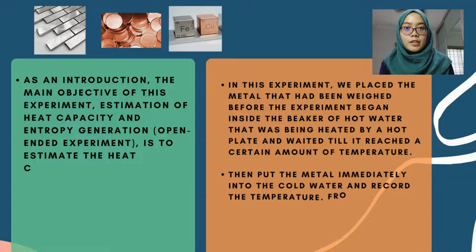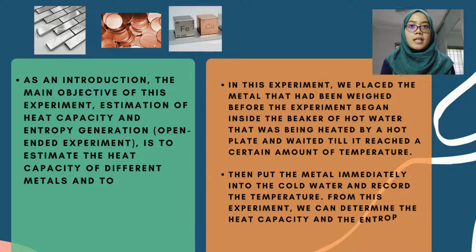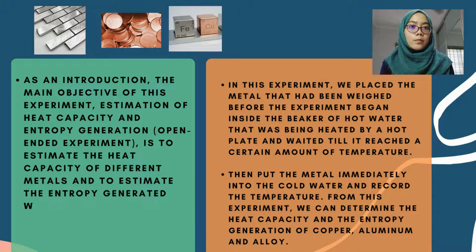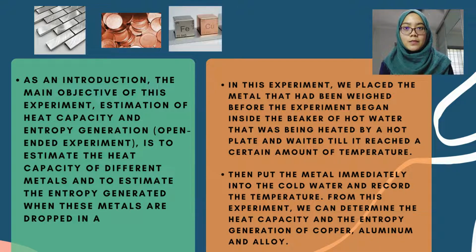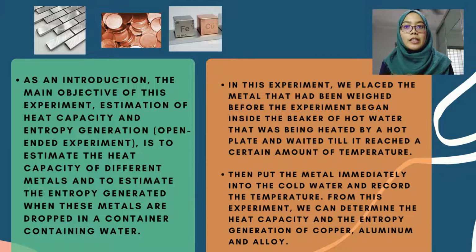In this experiment, we placed the metal that had been weighed before the experiment began inside the beaker of hot water that was being heated by a hot plate and waited till it reached a certain temperature. Then, we put the metal immediately into the cold water and recorded the temperature. So for this experiment, we can determine the heat capacity and the entropy generation of copper, aluminium and alloy.